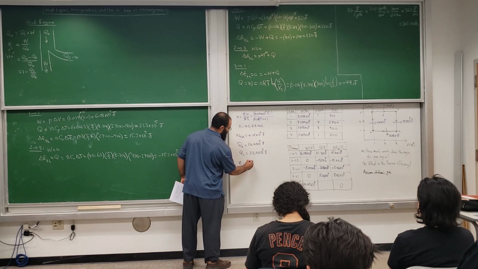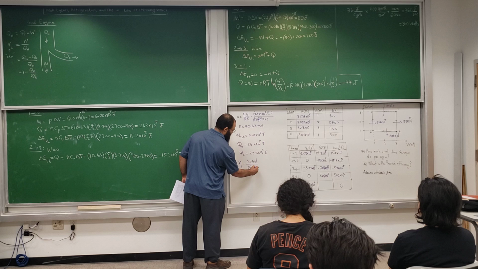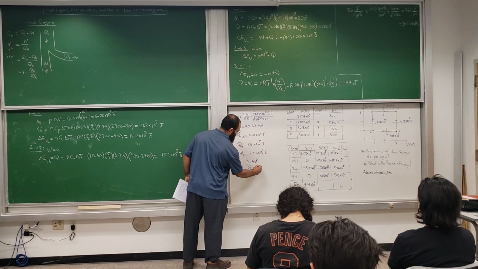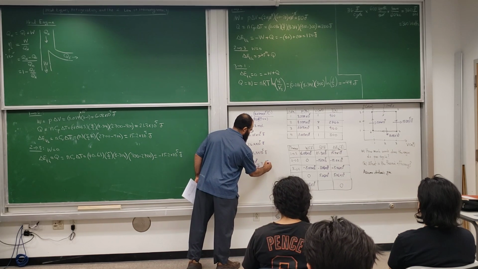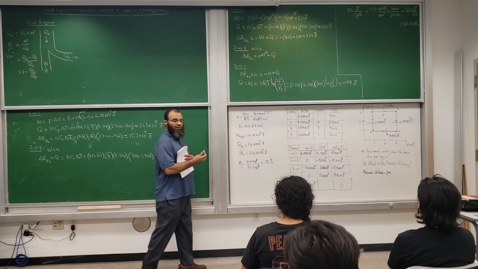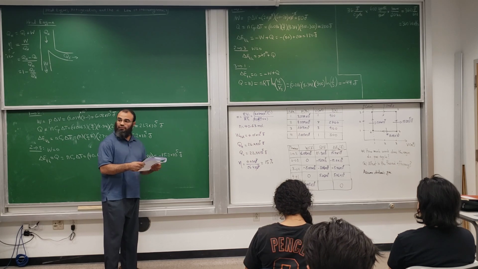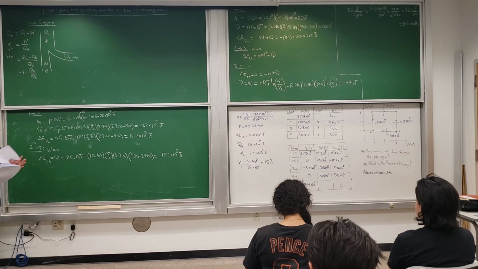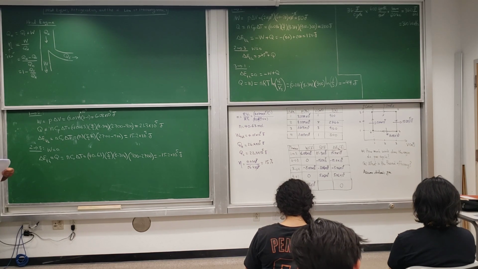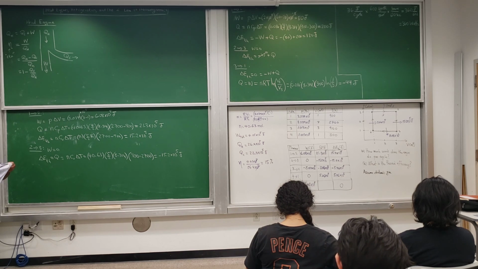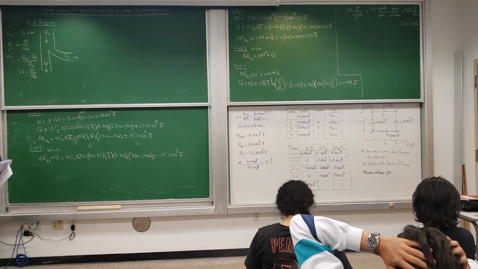It's 4.05 times 10 to the fifth over 26.4 times 10 to the fifth. This is cancelled. It's about 15%.